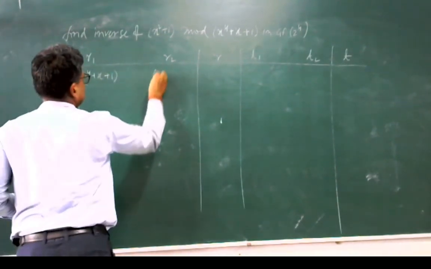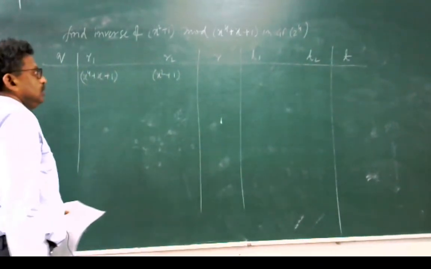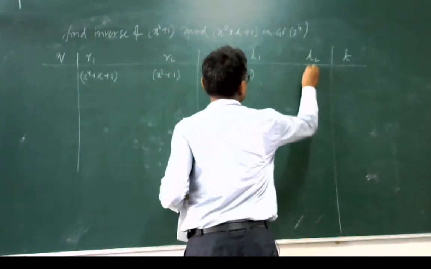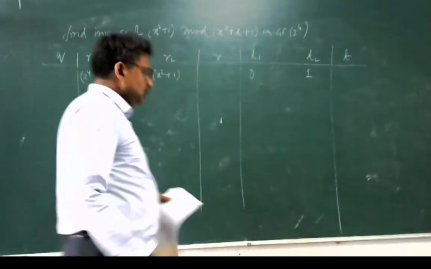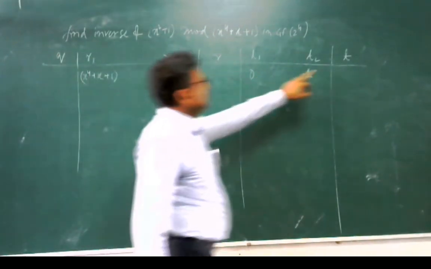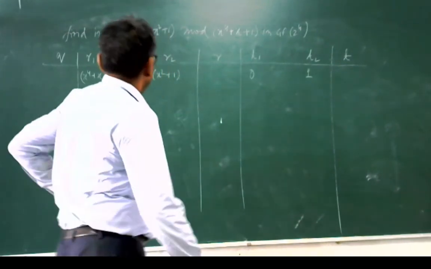Here R2 is x square plus 1. T1 is equal to 0 and T2 is the initial value 1. So with the help of these two, we have to find out R and then we have to find out T. I am not going to repeat the extended Euclidean algorithm.